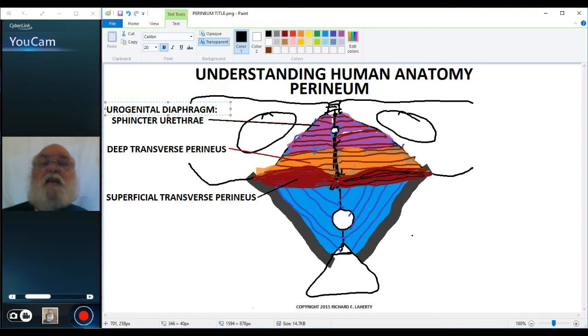And they provide a little strengthening to the pelvic diaphragm and some more control over the urethra.